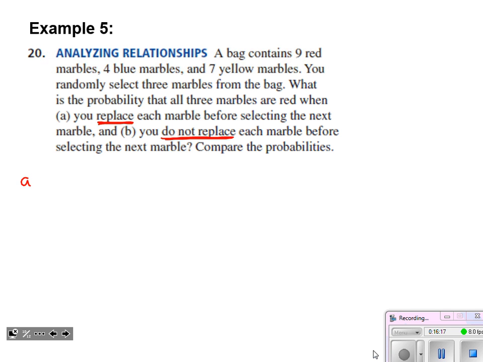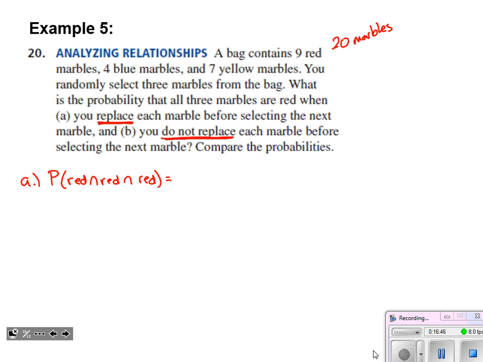So letter A, here we want the probability of red and red and red. And if I'm replacing them each time, those are all independent because I'm always drawing out of the full bag. Okay, the whole bag has 20 marbles total in it, just adding up all those different colors to get the total sample space.